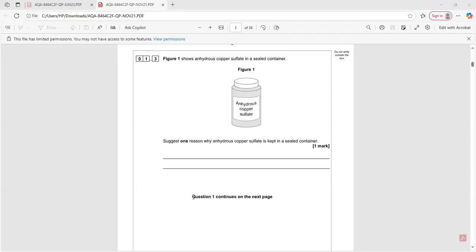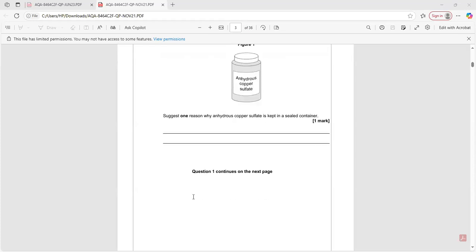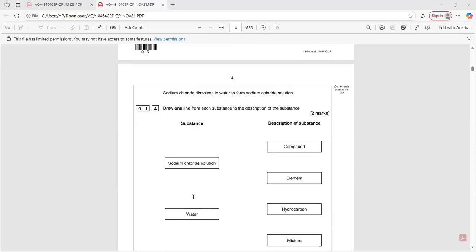It reacts with the water vapor in the air. Yes, the water vapor in the air, not really the oxygen per se. From what we just discussed, it quickly reacts with water vapor in the air. So that's why it has to be sealed, so that it doesn't react.